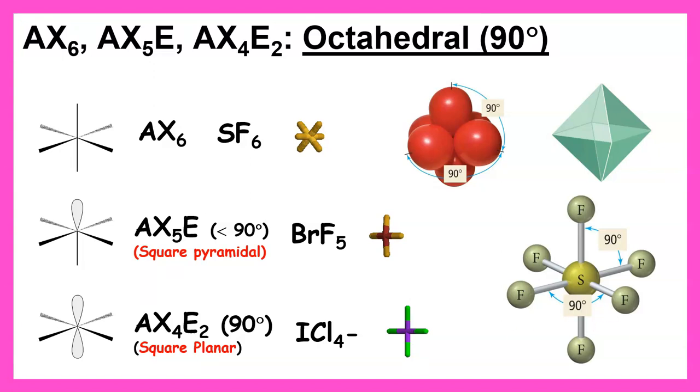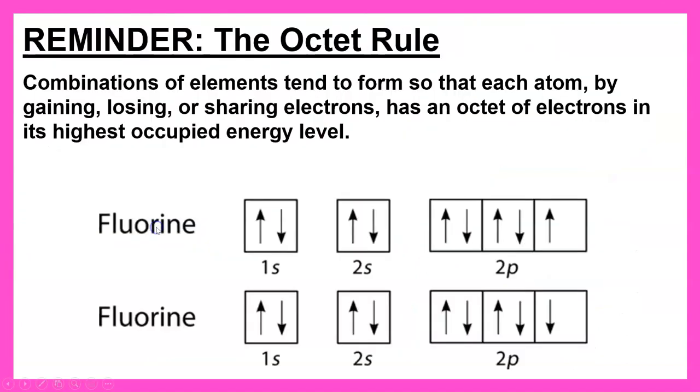Okay. Now, just a little reminder about why certain things would bond. Remember that combining certain elements together can help them satisfy their valence shells to be in a more stable position, right? So, for example, fluorine doesn't like to be by itself. Remember, it comes diatomic.